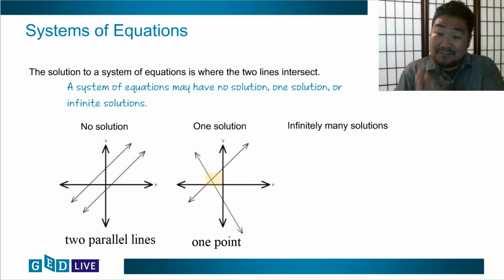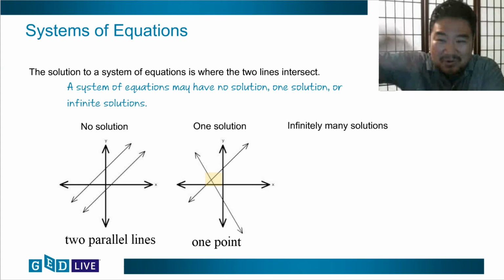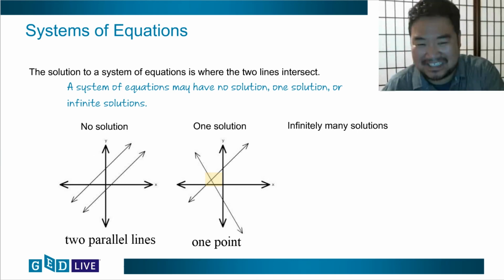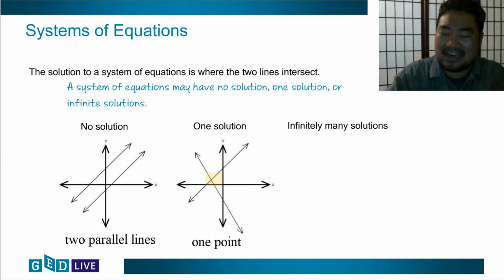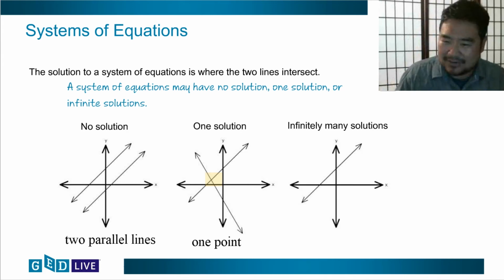Well, if there are infinitely many solutions, that means all of the points on both lines intersect. So if you picture it, the two lines are coincidental. They're the same line. Adrian, thank you for phrasing it spot on there, right? They're almost like one line literally right on top of the other, or essentially one line.